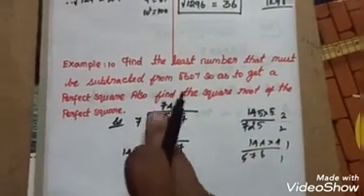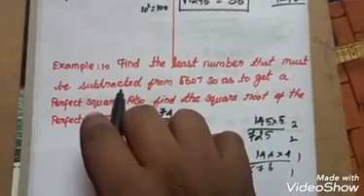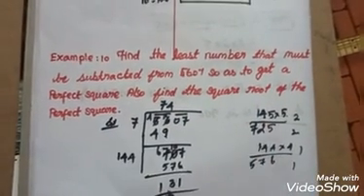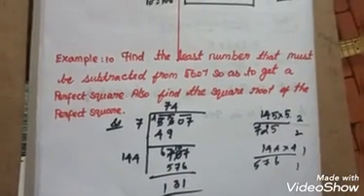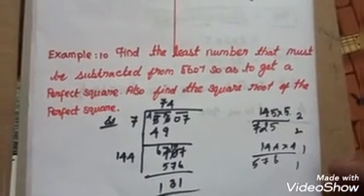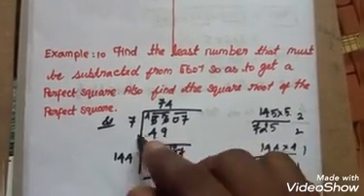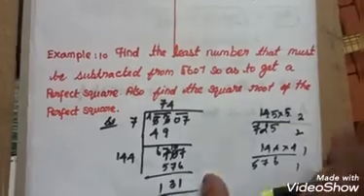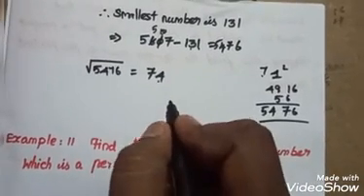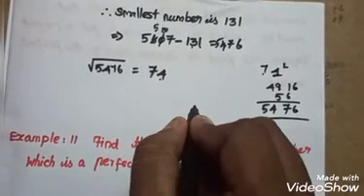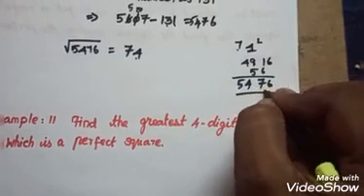Using long division you get a remainder. If you subtract the remainder, the number becomes a perfect square. So if you subtract this 131 from 5607 you get 5476. The quotient is the square root. That's why I checked: 74 square is nothing but 5476.